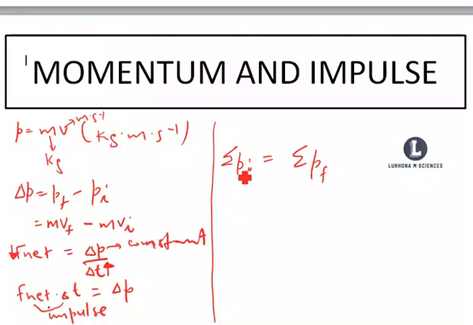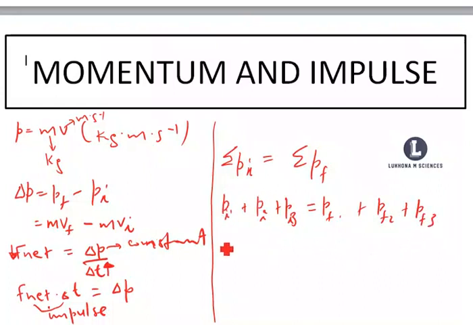So it can be written in this way: momentum initial of object 1 plus momentum of object 2 plus momentum of object 3, and so on, which is equal to momentum final. Final of object 1 plus momentum final of object 2 plus momentum final of object 3, and so on.